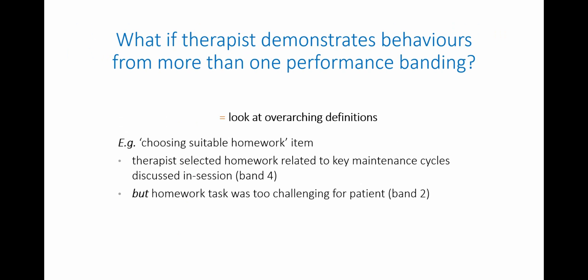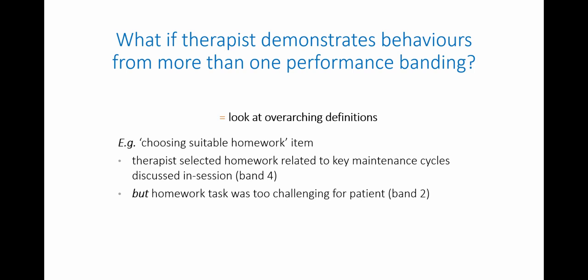Another question that comes up sometimes is, what if therapists demonstrate behaviours from more than one performance banding? So, for example, let's have a look at the choosing suitable homework item. If we saw that the therapist selected homework related to key maintenance cycles discussed in the session, we're thinking, excellent, this is really good. I'm going to give this an advanced rating of 4. But actually, the homework task was a bit too challenging for the patient, which is actually looking at performance banding 2.